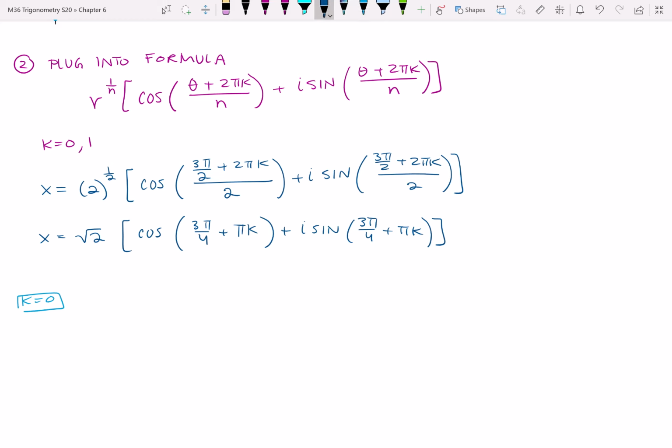So x is equal to the square root of 2 times cosine of 3 pi over 4, because again, k equals 0 eliminates that pi, plus I sine of 3 pi over 4.